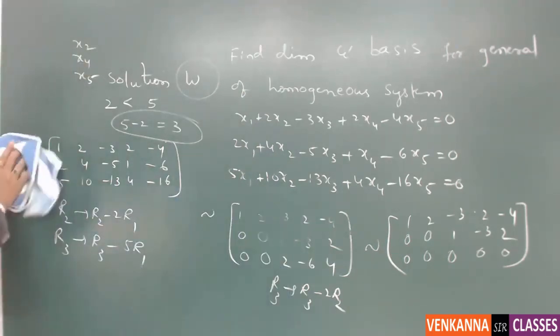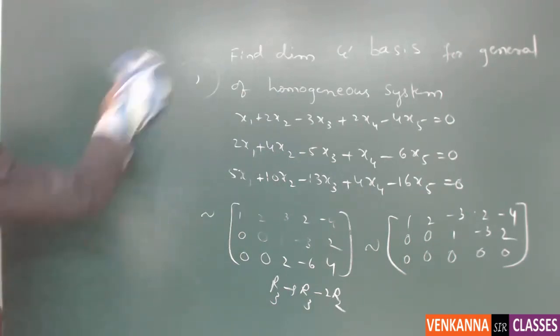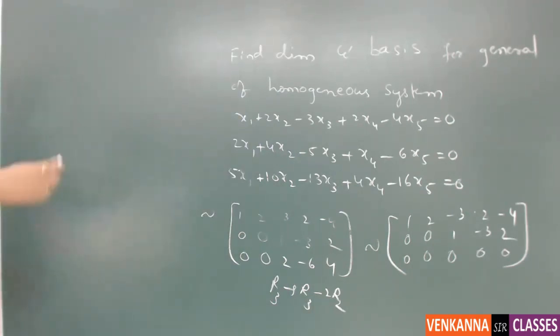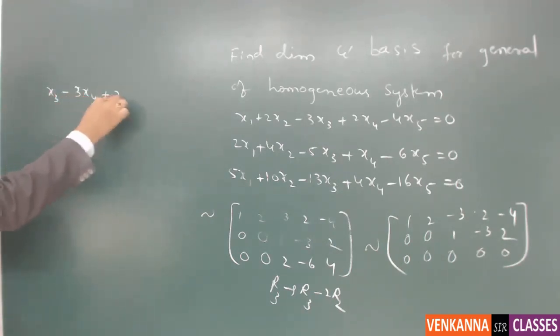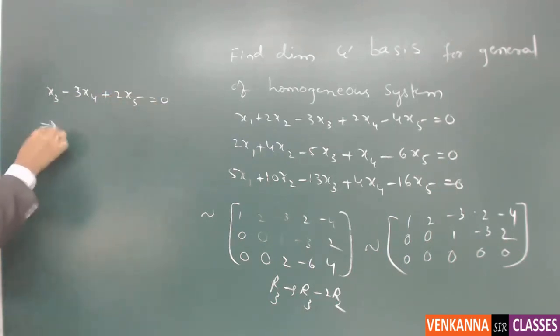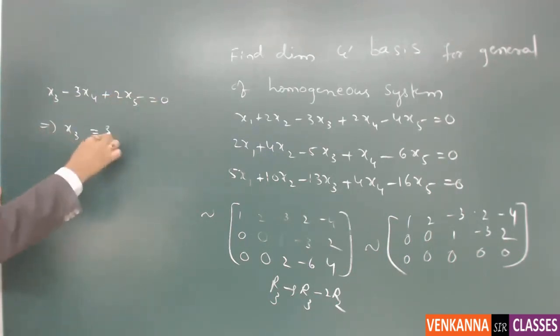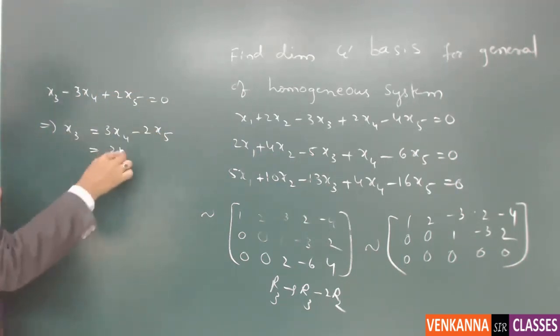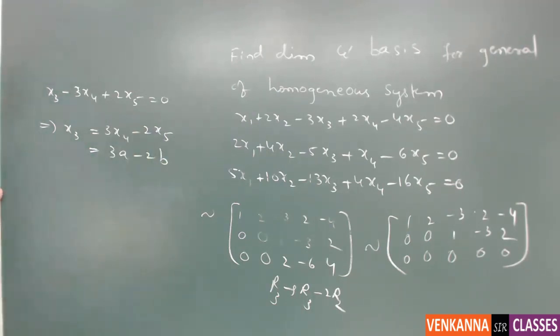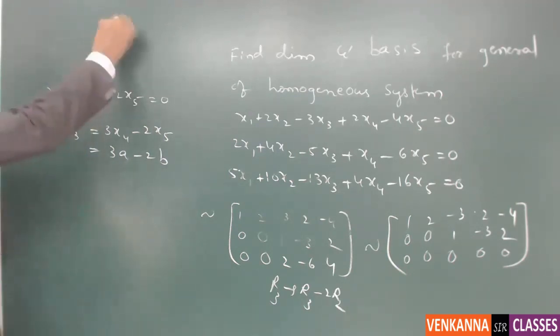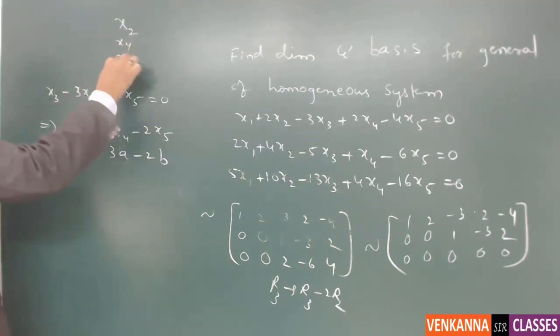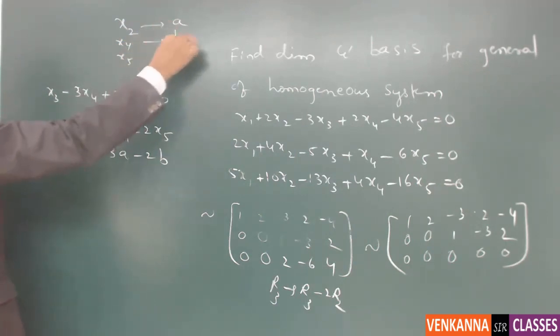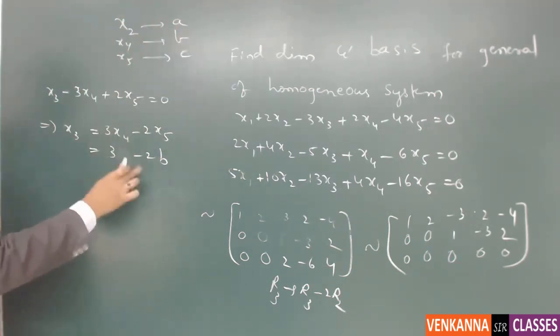From the equation x3 minus 3x4 plus 2x5 equal to 0, this implies x3 is equal to 3x4 minus 2x5. Since you have taken them as constants, x3 is 3b minus 2c. Or if x2 is constant a, x4 is constant b, x5 is constant c, you can take it like this.